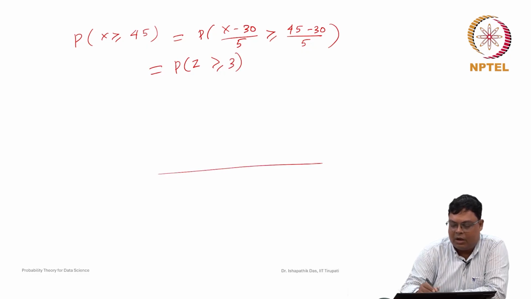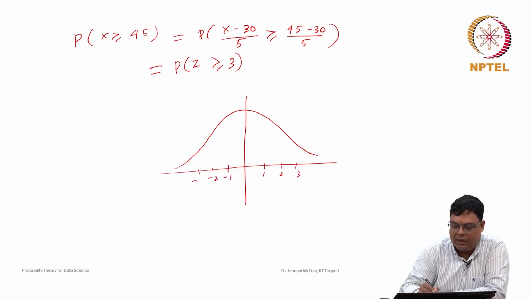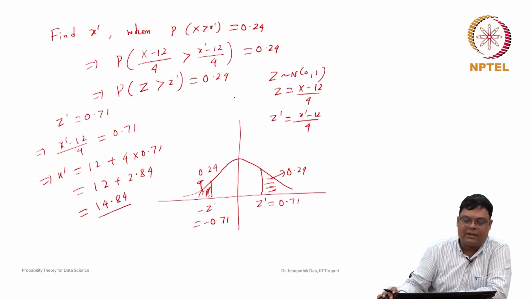Now, in this standard normal curve, we mark 1, 2, 3 and minus 1, minus 2, minus 3. z greater than or equal to 3 is asked. By symmetry, this is the same as z less than or equal to minus 3.